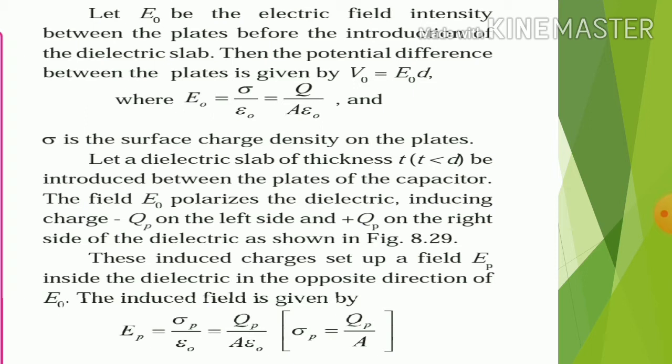Then substitute this value in the above equation. Then we can write E0 equal to Q upon A epsilon 0, where sigma is the surface charge density on the plates.